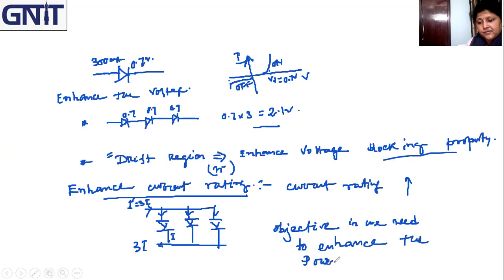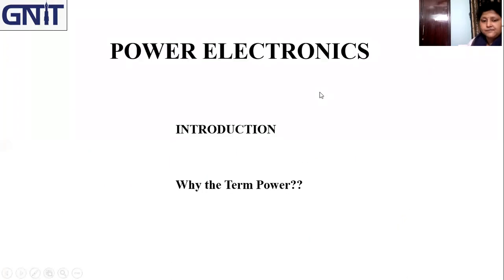So these are basically the steps we will find whenever we go through the construction of those different devices. The enhancement of voltage as well as current is done in this manner. Okay, so let me clear my sketch.